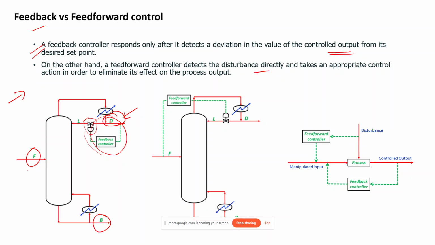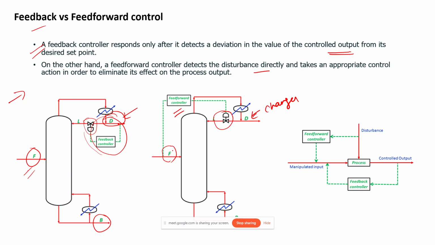Let's say my distillate composition increases, then correspondingly this valve will take manipulative action. However, we won't be changing this input F. So that is our feedback controller. Similarly, in the case of a feed forward controller, if my distillate composition is going to change, I will change the valve by estimating how much my distillate composition will change using the feed.